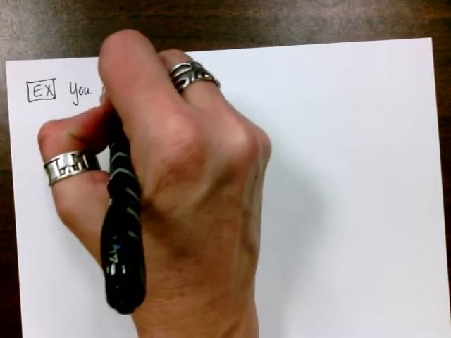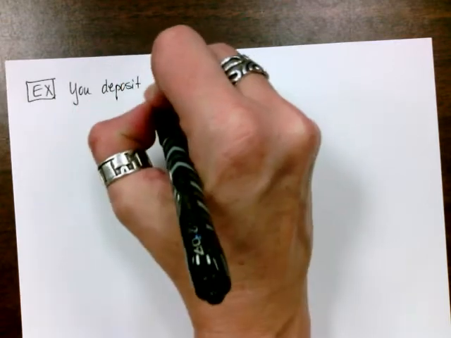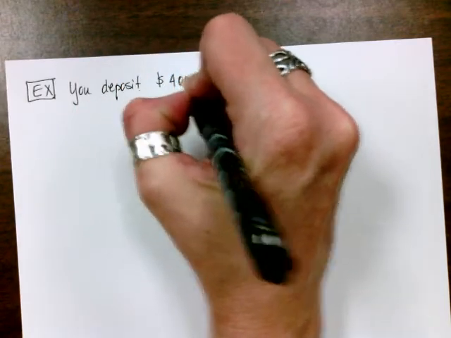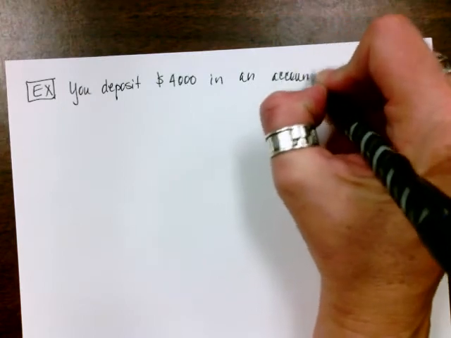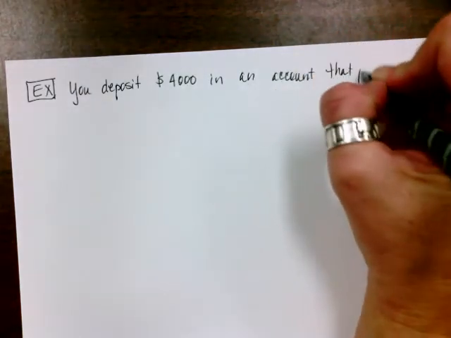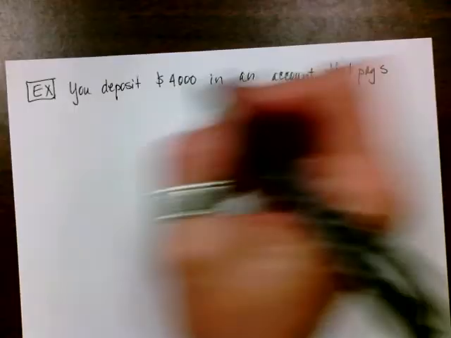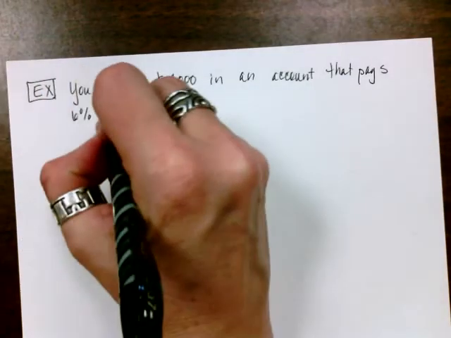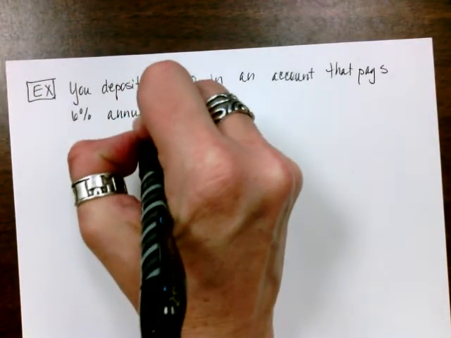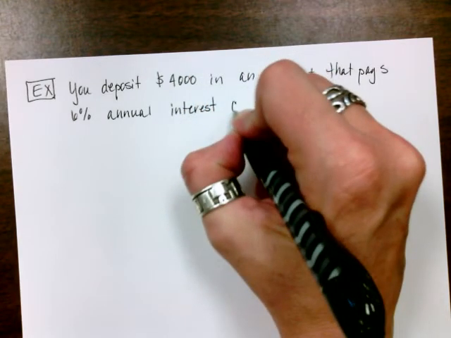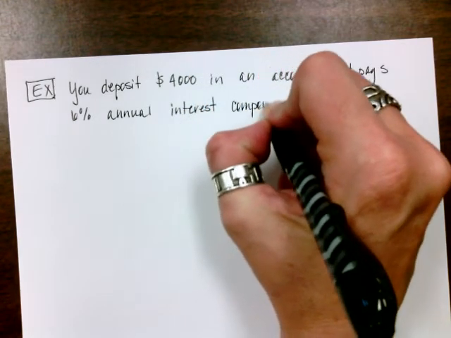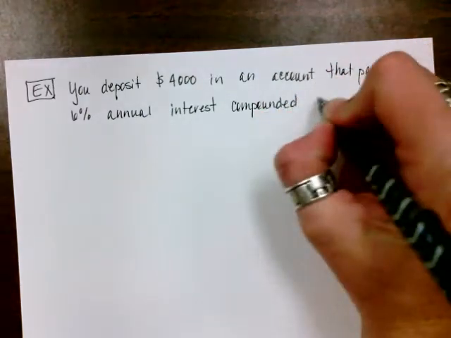So you're going to deposit $4,000 in an account that pays 6% annual interest, compounded continuously.